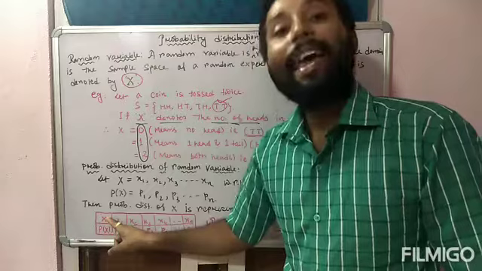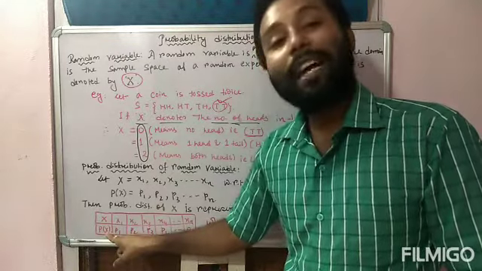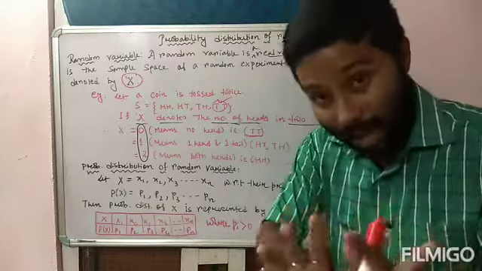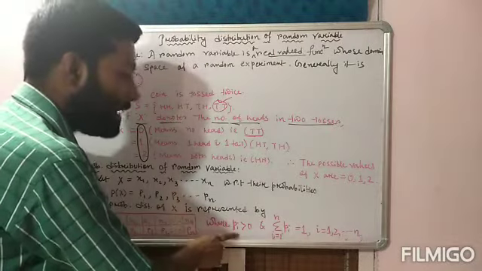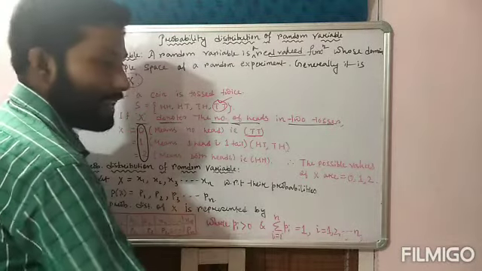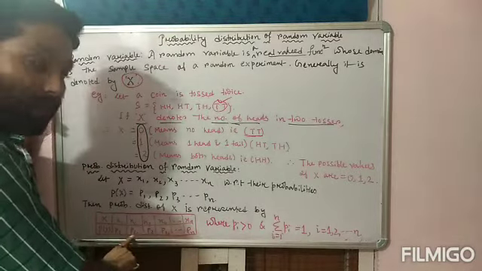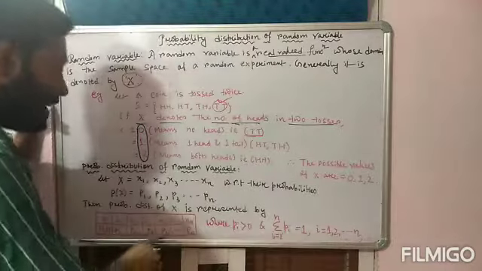That means write the values of x on top, and below, with respect to their probabilities, write the values of p of x. And you have to remember this condition where pi must be greater than 0. pi means these values, where i goes from 1 to n.